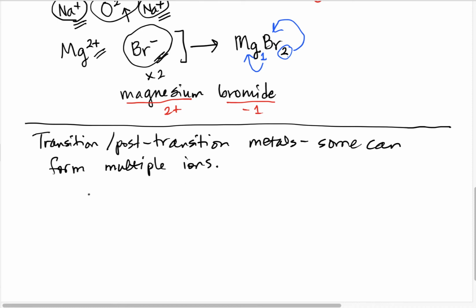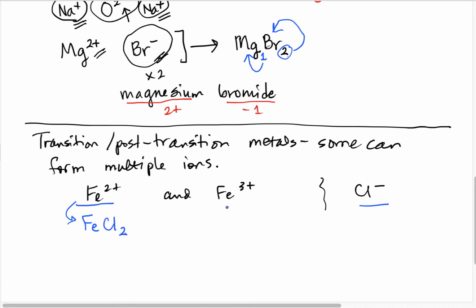For example, iron can make 2+ and can also make 3+. So if I were making compounds that involved iron and chloride ion, then depending on which iron ion I have, if I have an Fe2+, then I would need 2 chlorides in order to neutralize those charges. And if I have an Fe3+, I would have FeCl3.